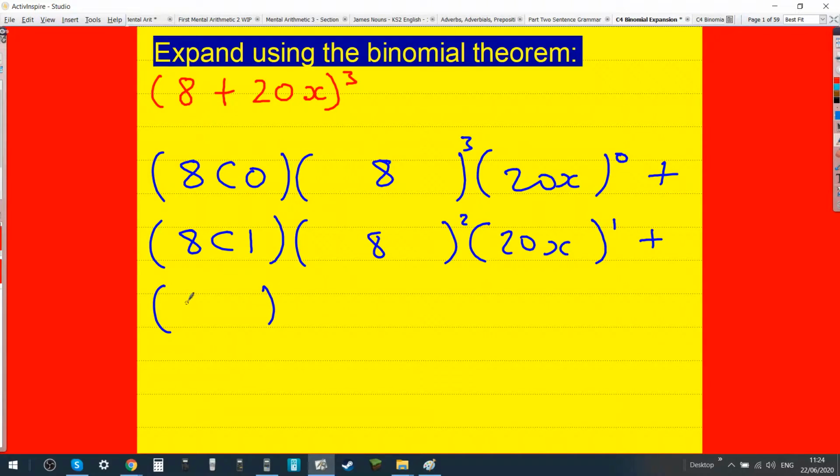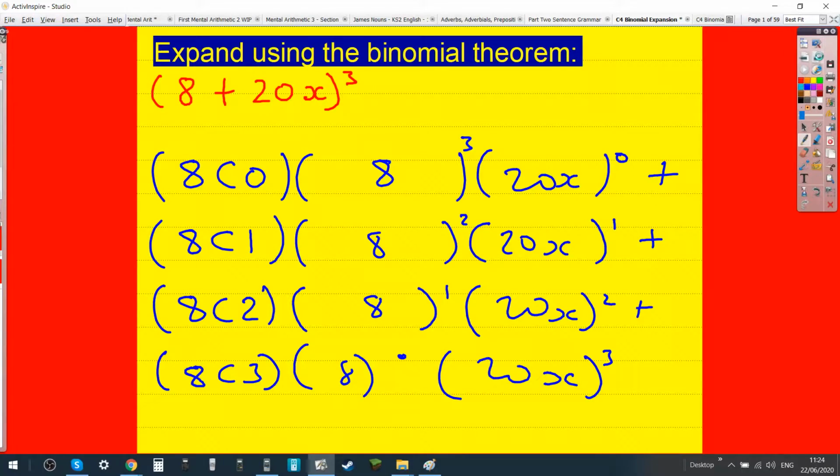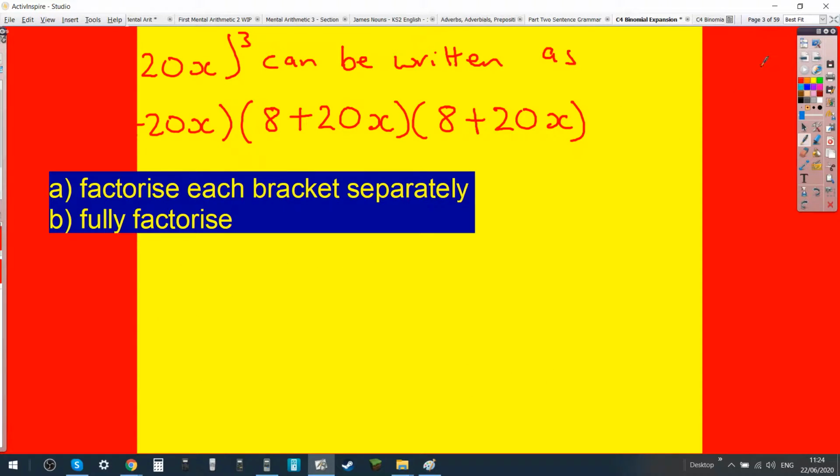And 8C2, 8 to the power of 1, 20x squared. And then the last one will just be 20x cubed. Right. Yes. And that works out, and that's what we get.